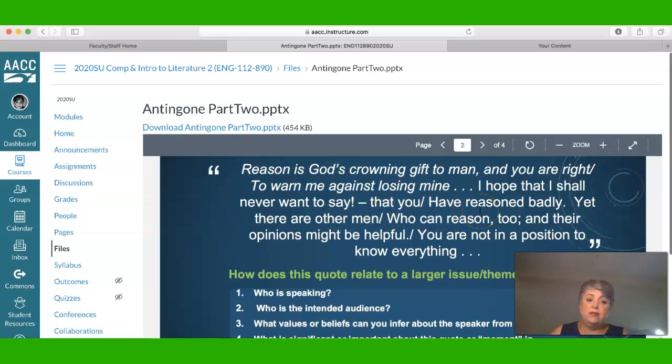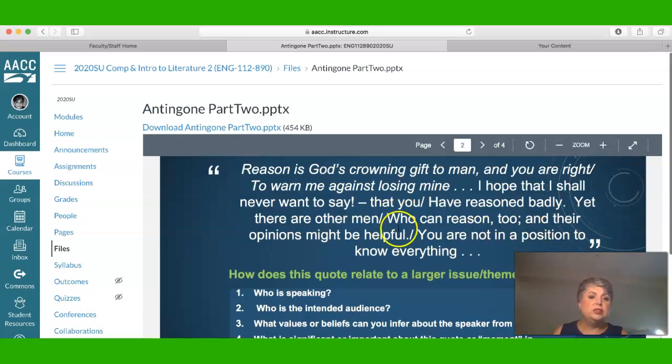I hope that I never look back and say, wow, you made a really bad decision there. That was really bad reasoning. Yet there are other men who can reason. There are other people who can make good choices and have good insight into problems. Their opinions might be helpful. Hey, they might be able to help you with the problem, help you reason something out.